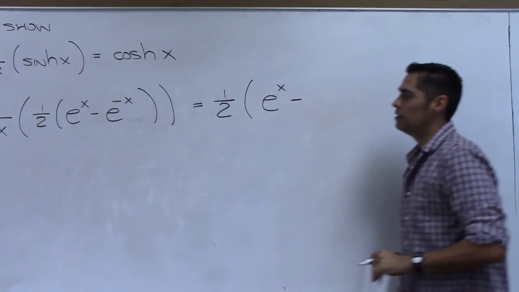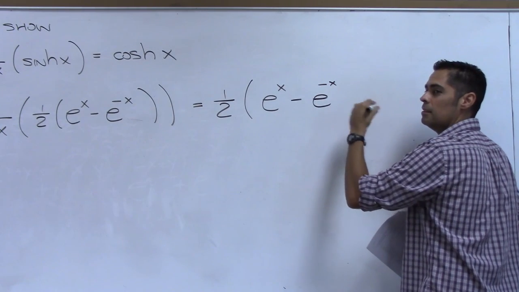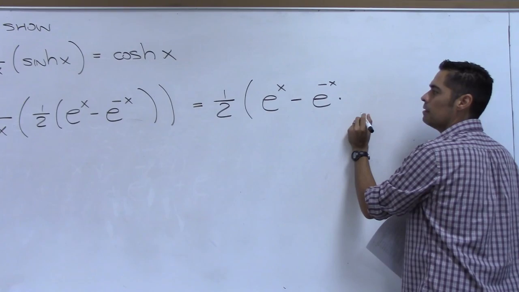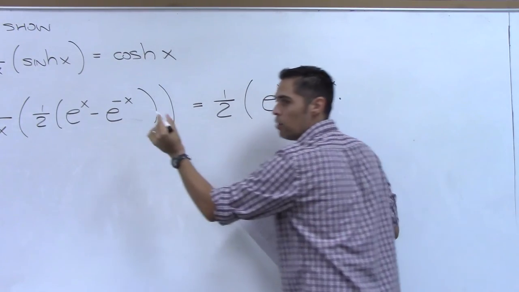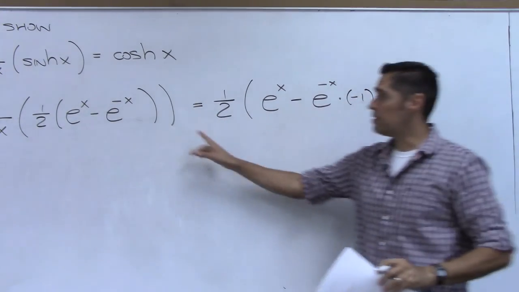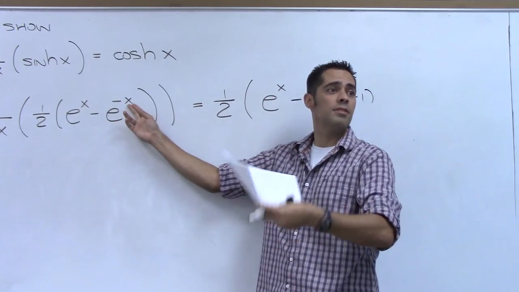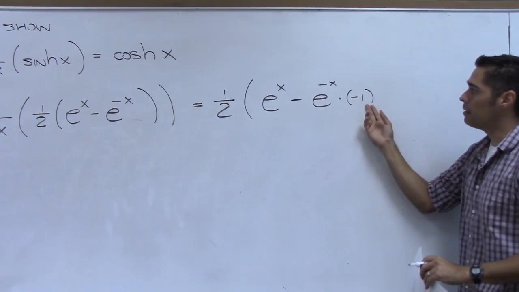So e to the negative x times -1. You have to use chain rule when you get to this one, right? Because the derivative of e to the x is itself times the derivative of what's up here, which is the derivative of negative x, which is -1. Just remember that pops out there.